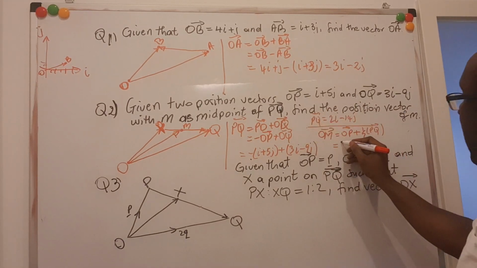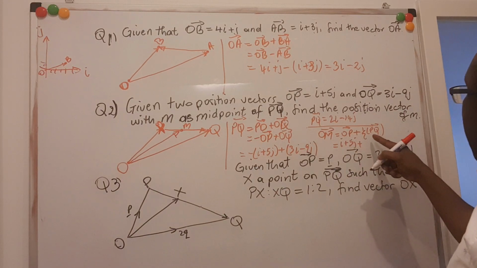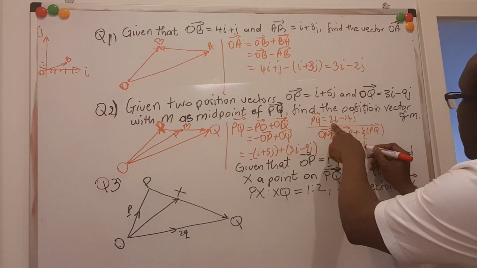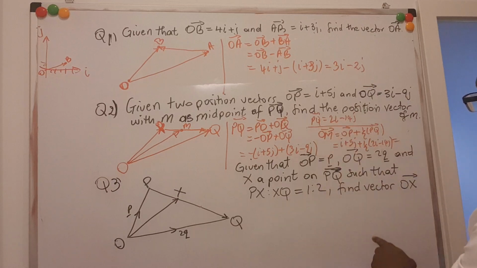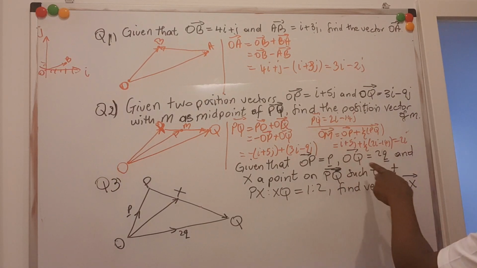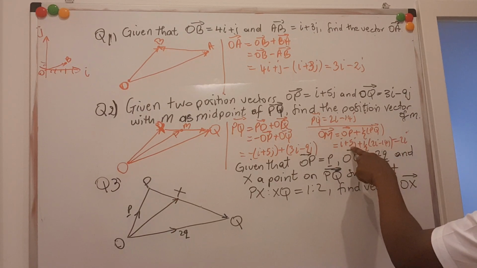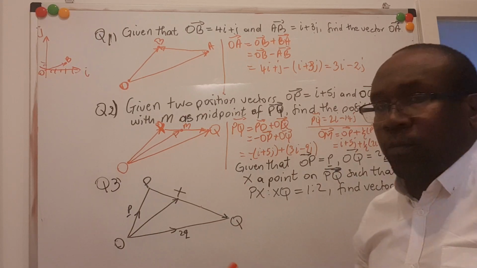OP is i plus 5j, plus half of PQ. PQ is 2i minus 14j, and half of that is i minus 7j. So i plus i is 2i, and minus 7j plus 5j is minus 2j. So that is my OM.